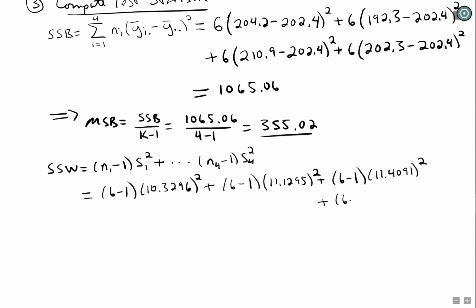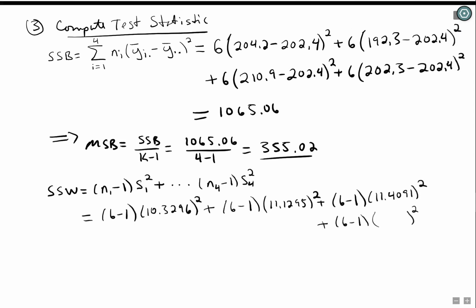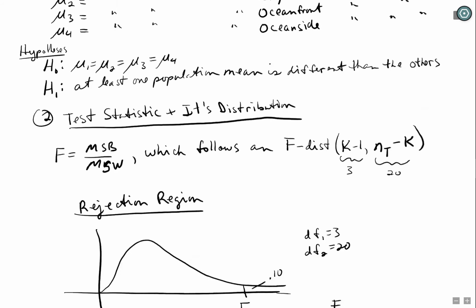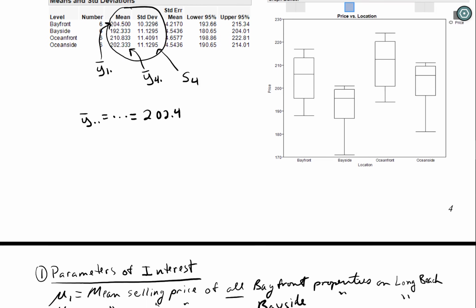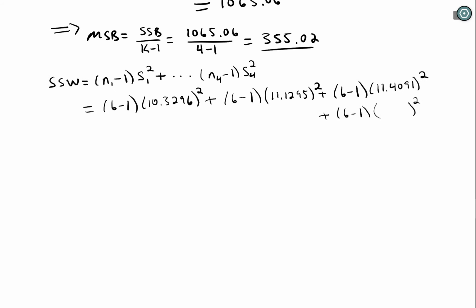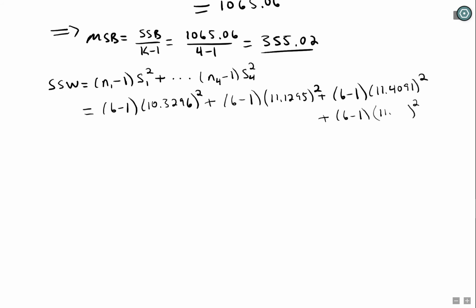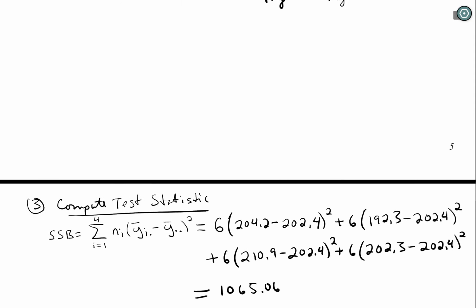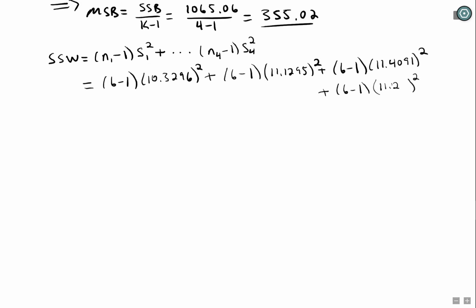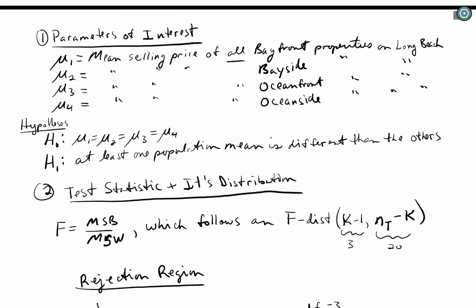Then lastly here, plus 6 minus 1, moving on to the fourth sample, and I got to square that standard deviation to get that s4 squared, and s4 is 11.1295. Oh, I forgot it. 11.1295.